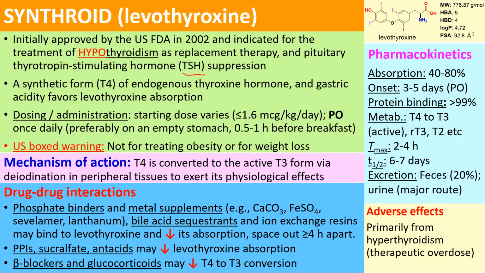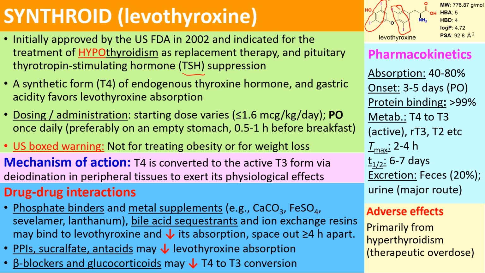If you look at the drug chemistry, this is a synthetic form of T4 because there are 4 iodines within the drug molecule, 2 iodines in the outer ring and 2 iodines in the inner ring. Molecular weight 776.87 grams per mole. Hydrogen bond acceptor 5.